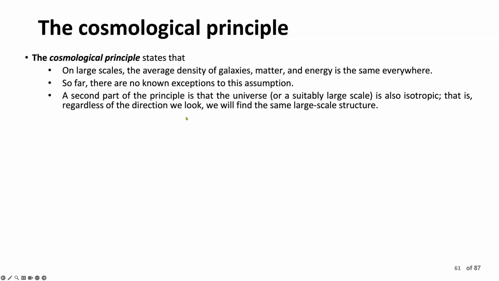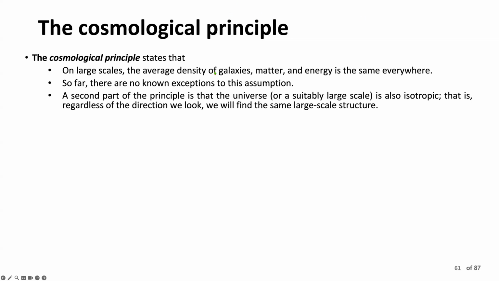And part of the cosmological principle is if you go to any spot in the universe, no matter which direction you look, if you look at a big enough volume, you'll see the same density of galaxies no matter which direction you look. This is called being isotropic.